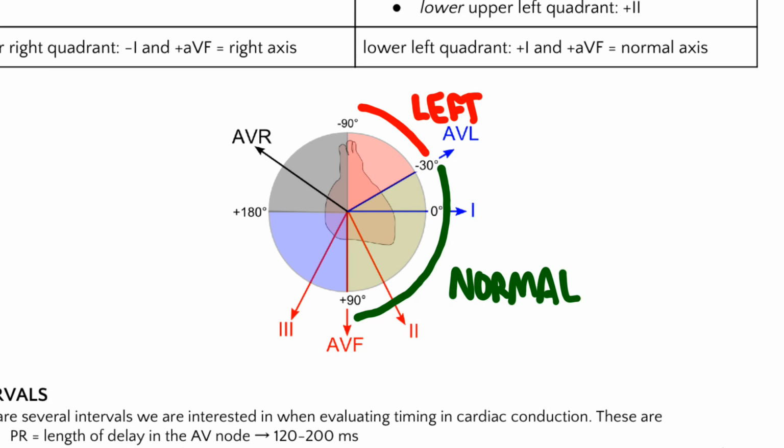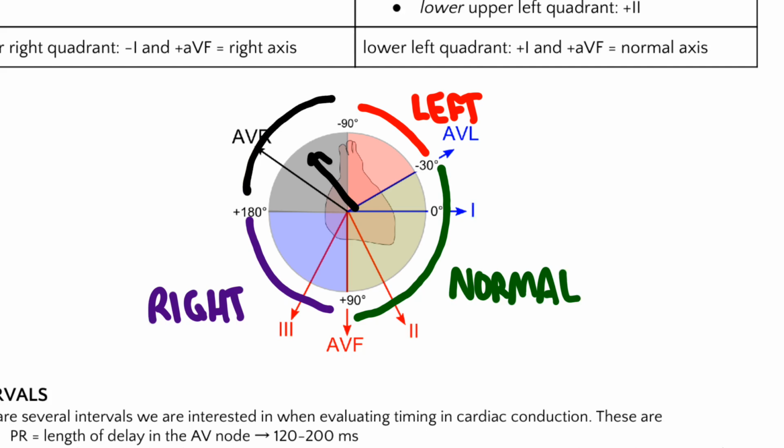What if the right side, for some reason, is bigger? There are some reasons why that could happen, and that's going to be called right axis. That would happen when you have 90 to 180 degrees. Very rarely will you see this one where it's pointing in the opposite direction, and we would call that extreme axis or extreme right axis.